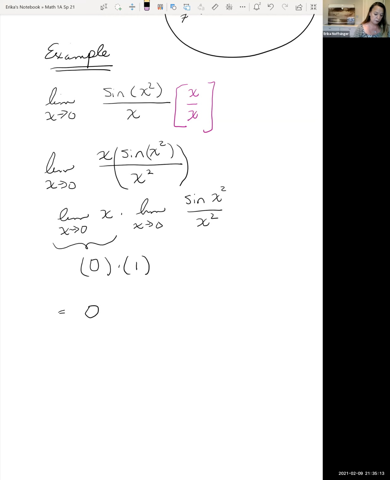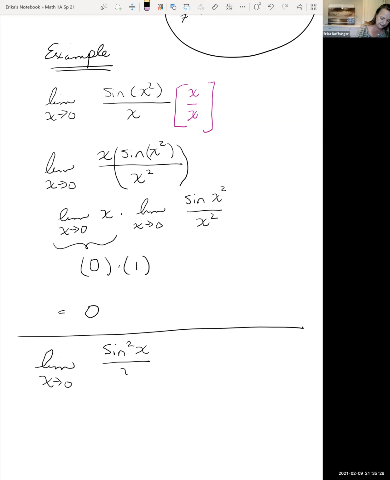I want to do one more example, almost identical. This time it's the limit as x goes to 0 of sine squared x all over x.